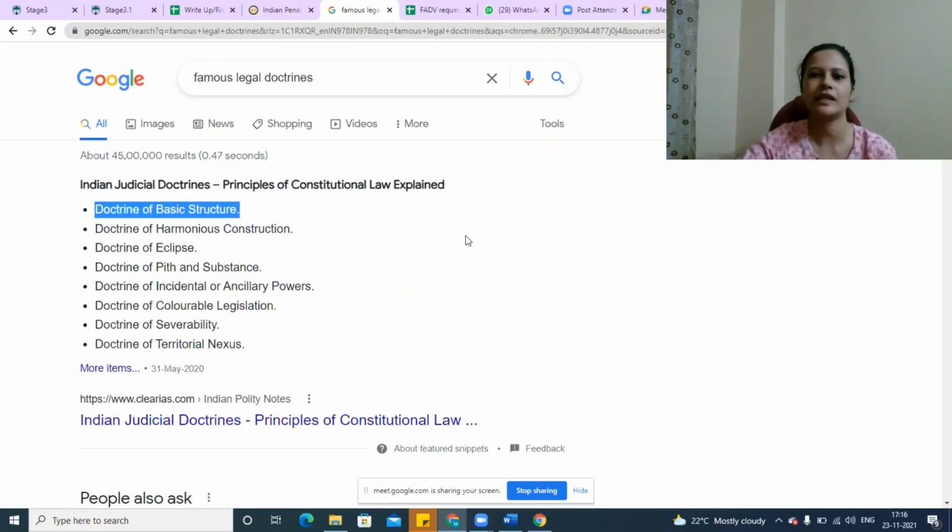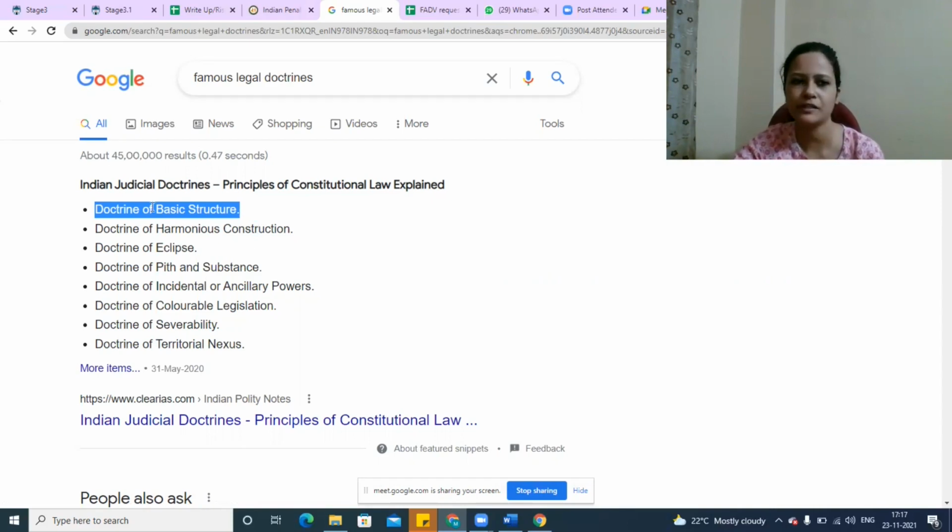Similarly, in law also there are some doctrines or theories which will apply in similar situations. I can give you the example of the doctrine of basic structure, which is the most famous doctrine for the Constitution of India.